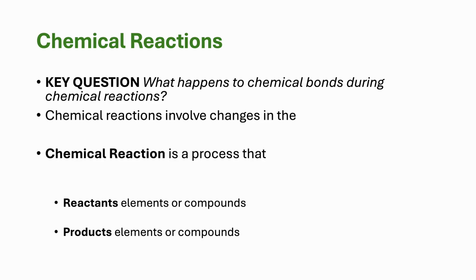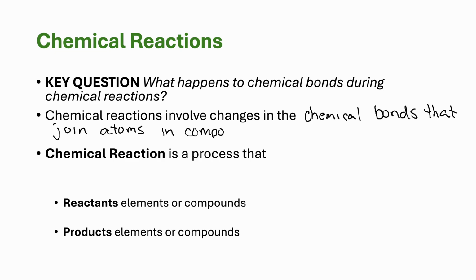So chemical reactions involve the change in the chemical bonds, and these chemical bonds join atoms together. So again, when a chemical reaction occurs, these bonds get rearranged and the atoms change positions.